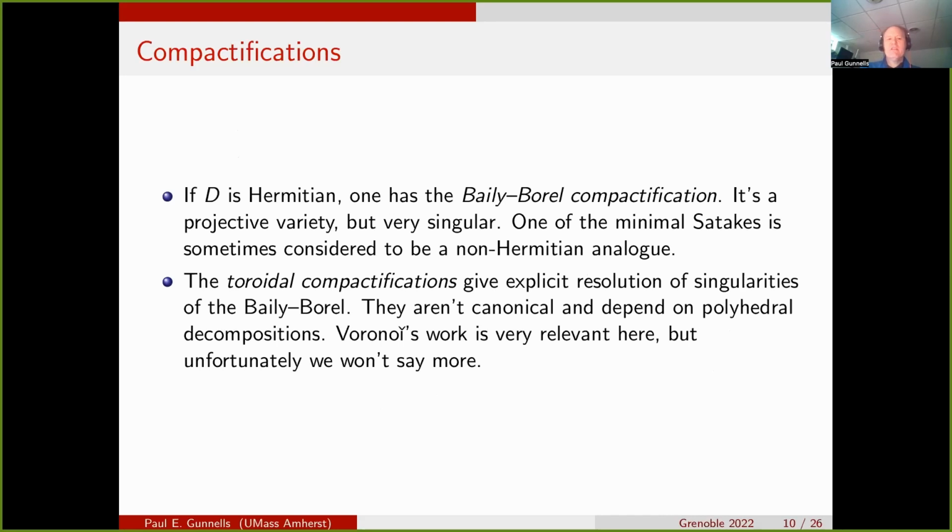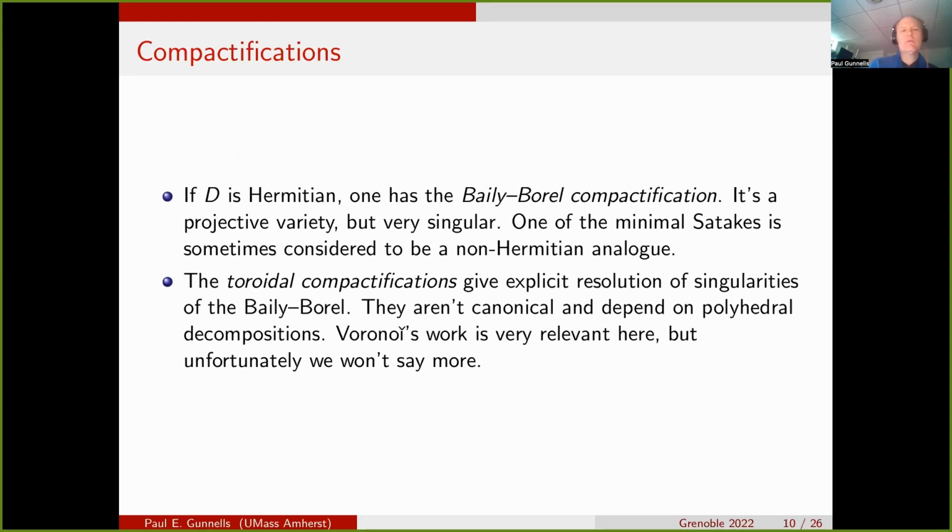If you have a Hermitian symmetric space, like for the symplectic group or SO2N, then you have what's called the Baily-Borel compactification. In that case, the locally symmetric space actually has the structure of a quasi-projective variety. So there's a way to turn it into a projective variety by taking a closure.